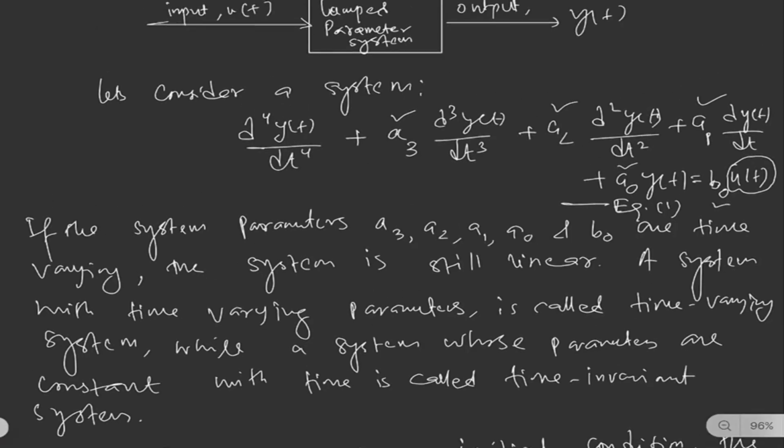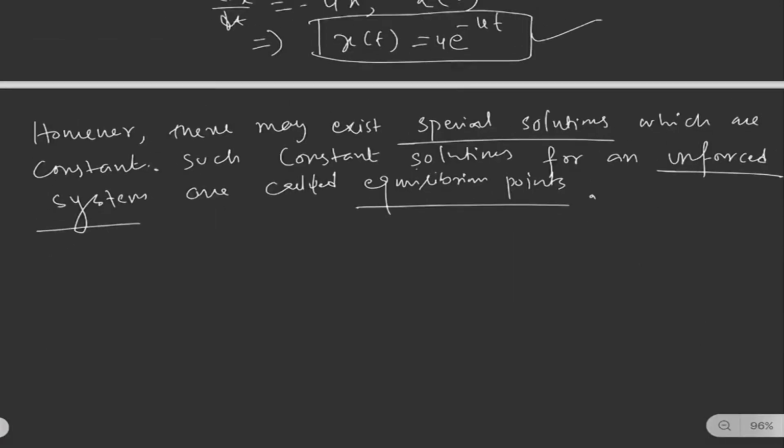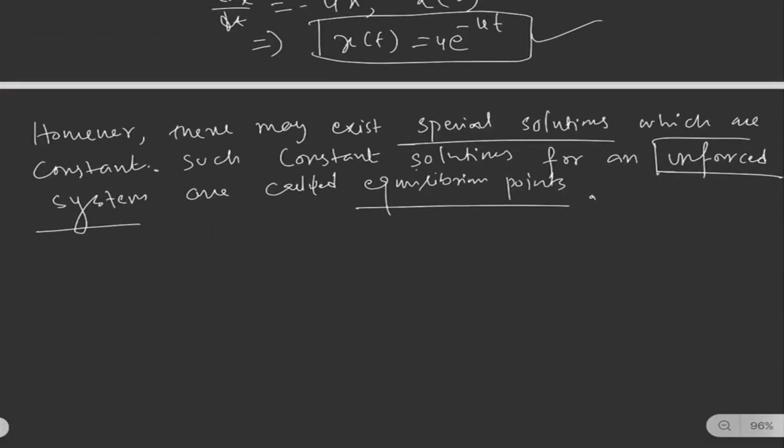Here u of t acts as a force or input to the system, due to which the system propagates. If you want to find the solution of the system, we have to assume the force. We can assume the force is 0.